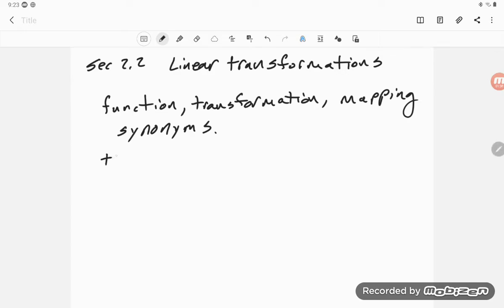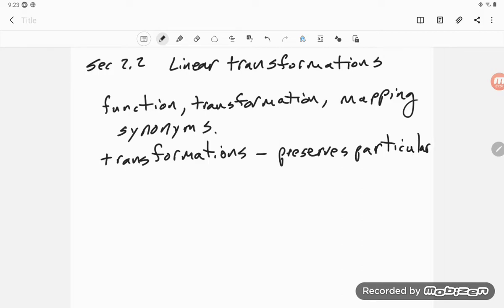Typically, when we think of transformations, often we're maybe thinking that it preserves particular algebraic properties. So that may be the case why we use transformation. Definitely in linear transformation, that is something that it does, and we'll see that in a minute. Oops, I forgot properties there.